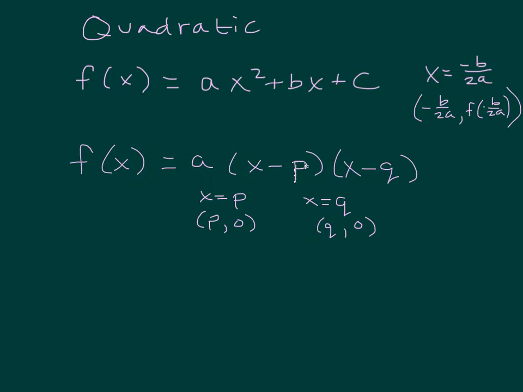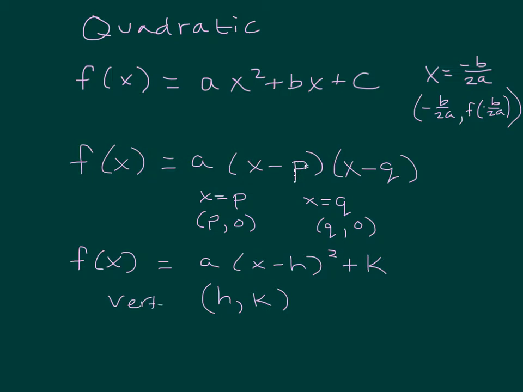Okay, and then the last form that we've really talked about a lot looks like this. And that is our vertex form. We call it our vertex form because we can actually see the vertex straight away from that form.